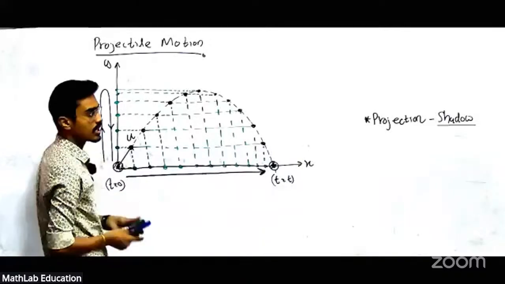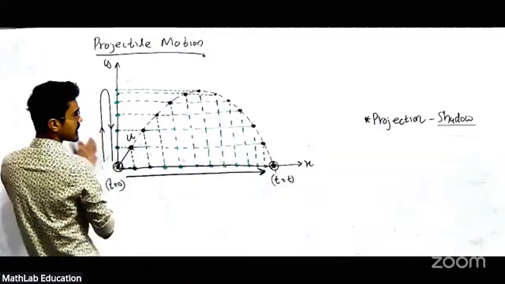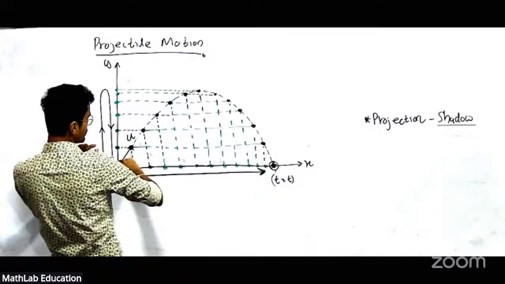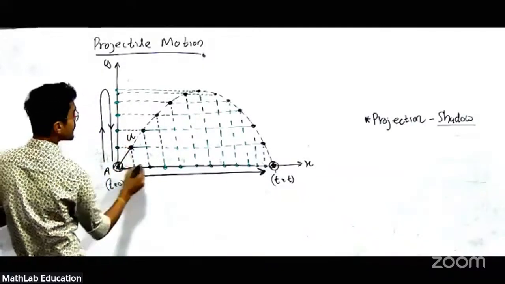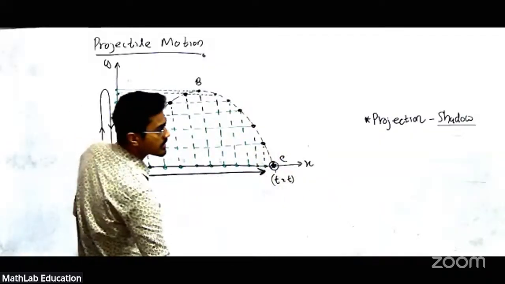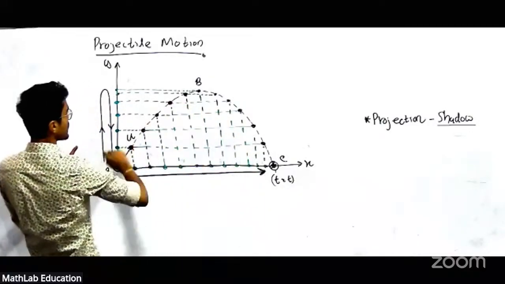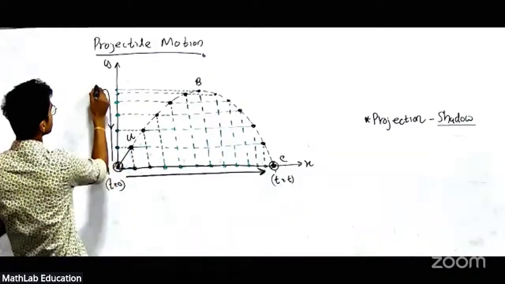Right? Now, this is what you need to understand. Let's label this as A, B, and C. When the actual object travels from A to C, let's say this is D, right?